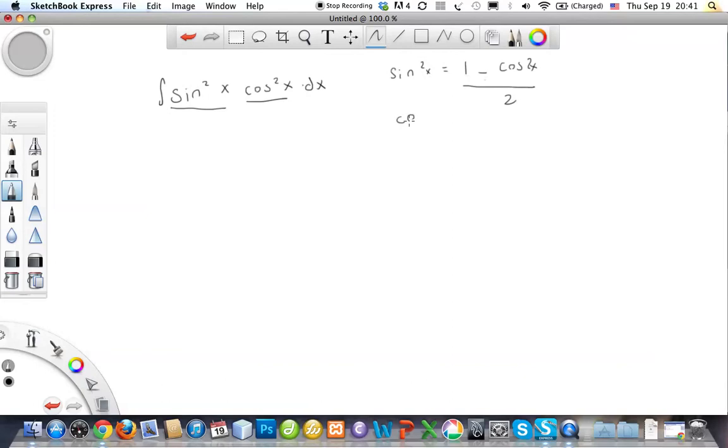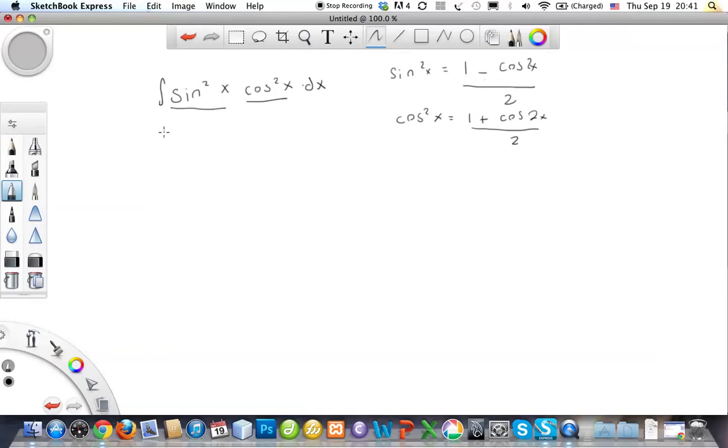I know the cosine squared of x is equal to 1 plus the cosine of 2x over 2. So knowing these two important trigonometric identities, like we have been using in the last couple of videos, we can just substitute these in and bring down these powers and get it in terms of just cosines and additions and subtraction of specific integrals.